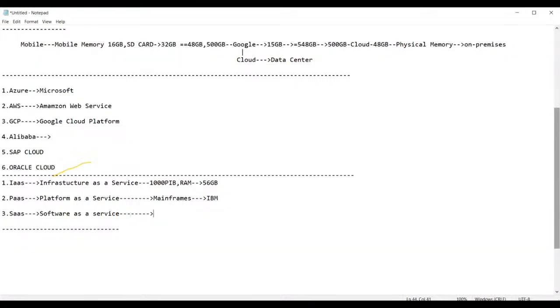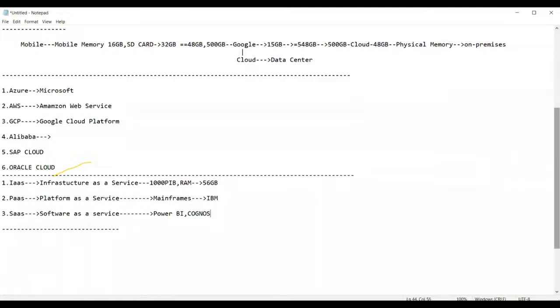And now guys, suppose you require some software. Software in the sense you require some reporting software, or some analytical software, or any kind of reporting. Suppose you require Power BI, or suppose you require some Cognos.